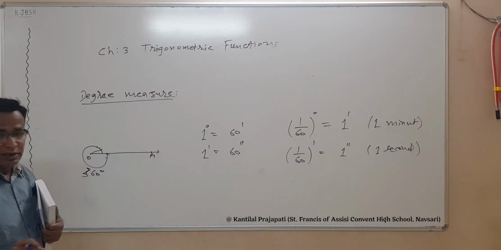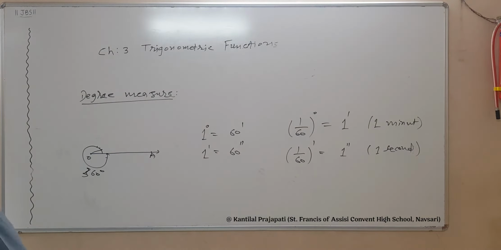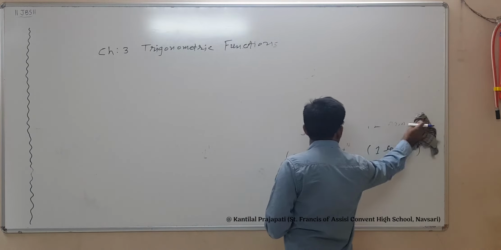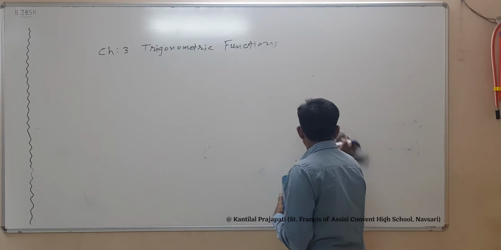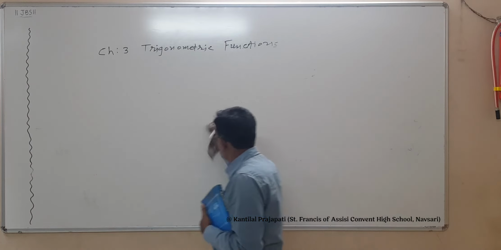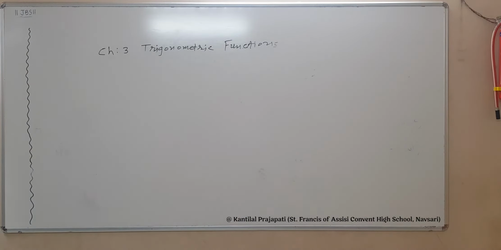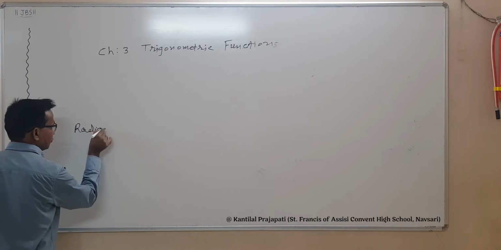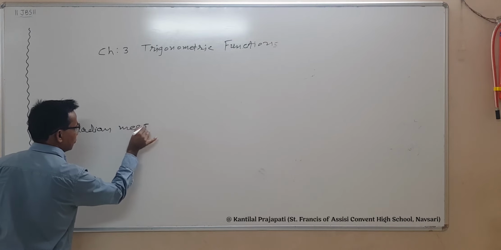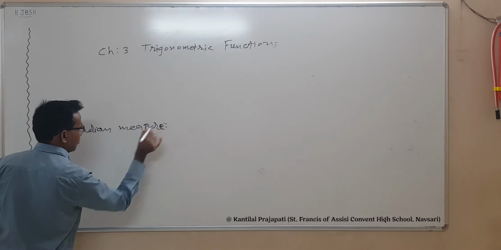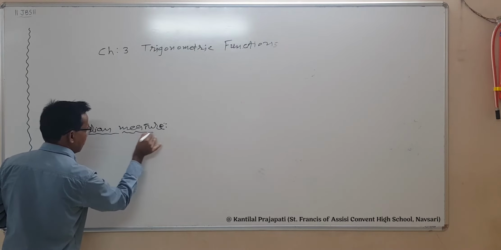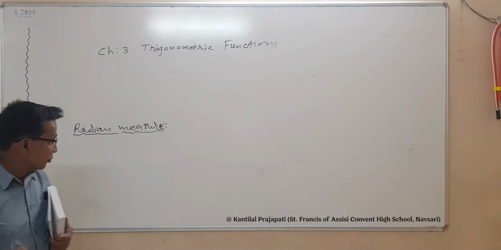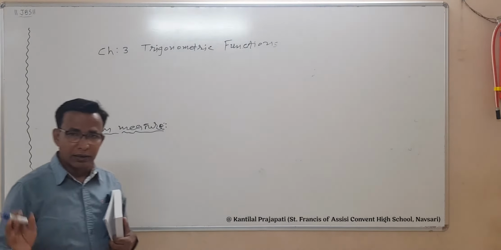Now another measure is radian measure. Radian measure is another unit to measure the angle.